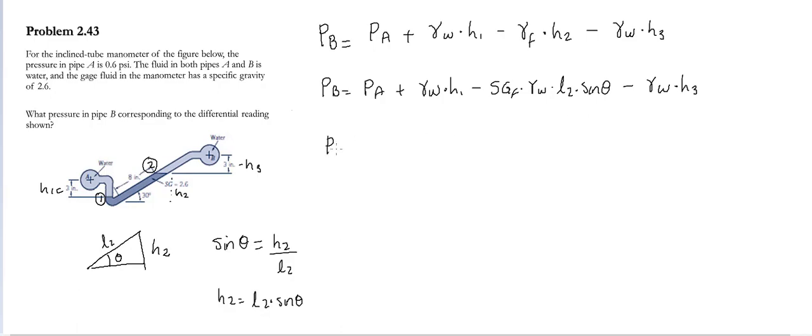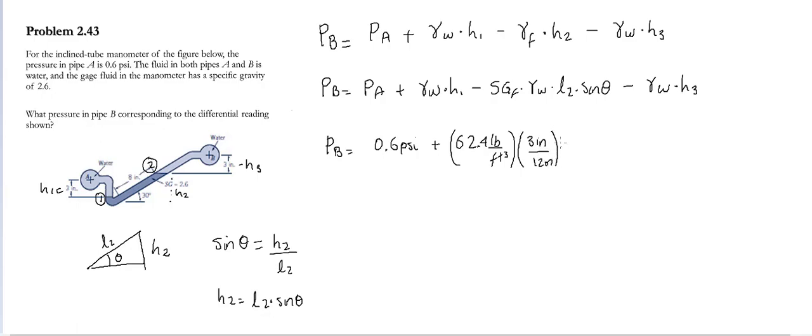The value of PB is equal to 0.6 psi. That's what we have for point A. Gamma of water is going to be 62.4 pounds per feet cubed. This elevation is given in inches, so we're going to do 3 inches. And we're going to convert it to feet, so we're going to just do 12 inches.